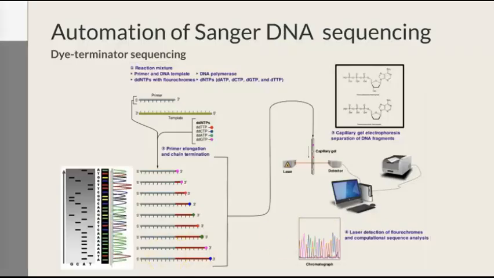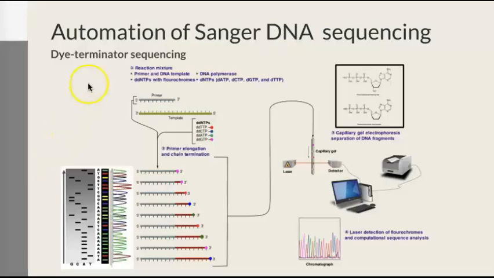Now, one of the things I want to mention is that even though this method is pretty accurate, it's very low throughput. That means you can only get one sequence per reaction. Later, when we look at next-gen sequencing, you often hear it referred to as high throughput sequencing, because we're able to run parallel sequences, so you're getting more than just one sequence per reaction.